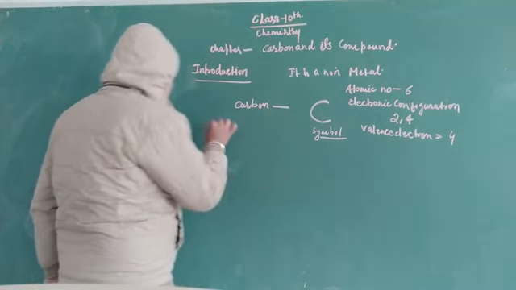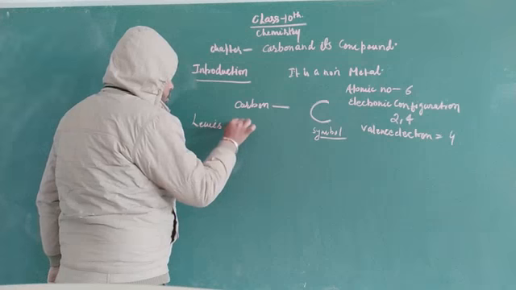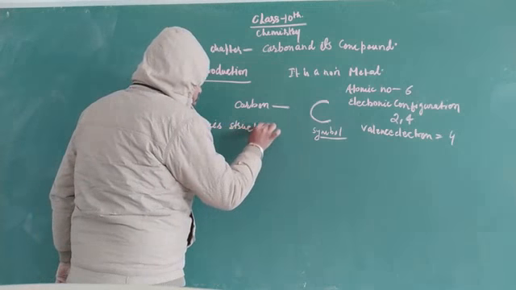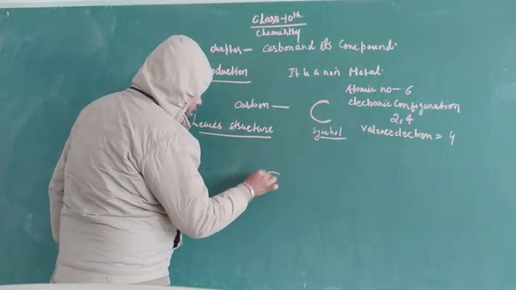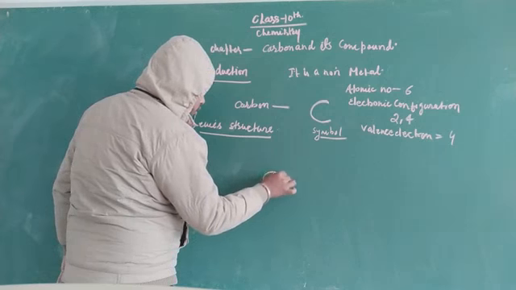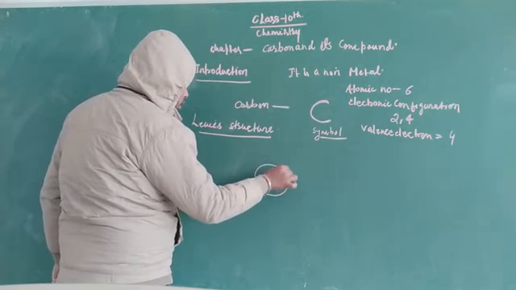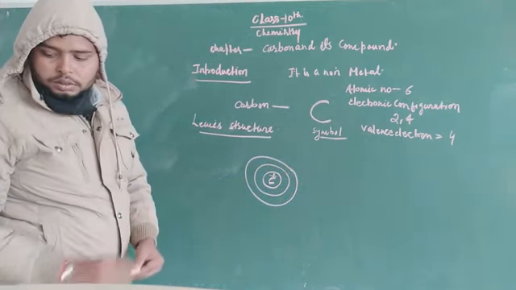Now we start again with the structure of carbon. This is the carbon nucleus. This is the carbon first shell, and this is the carbon second shell.